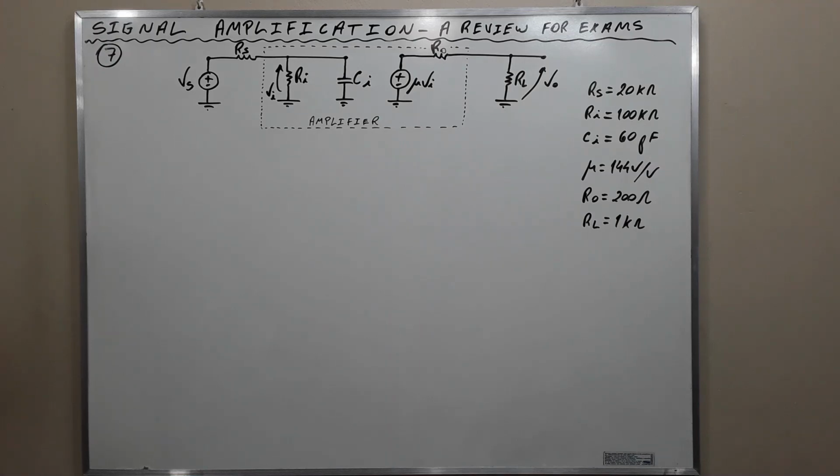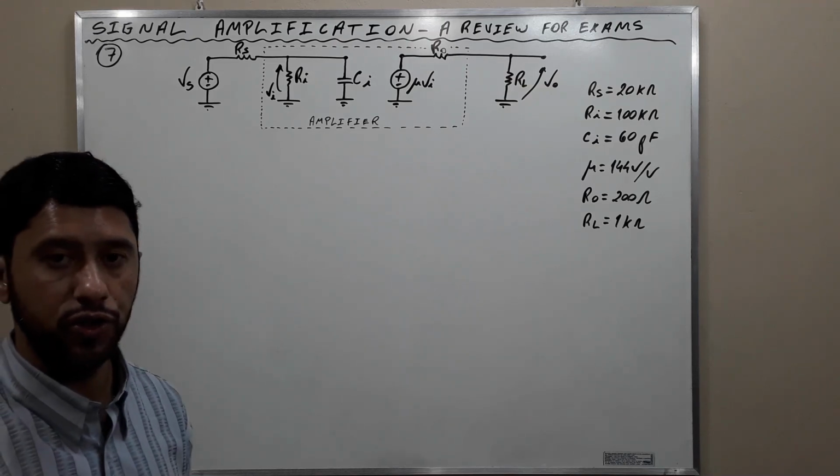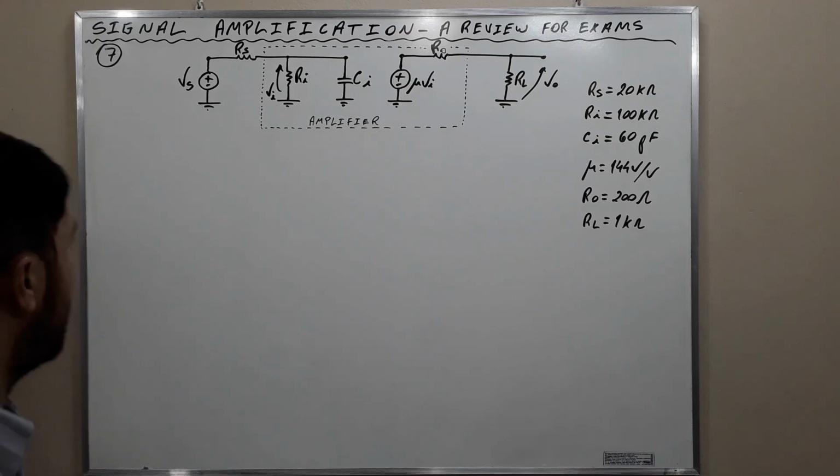And letter C, find the output voltage in the time domain for the input voltage of Vi of t equal to 0.1 times the sine 100t volts. Okay, my friends, this is the question. Let's go to the solution, and let's begin with letter A.